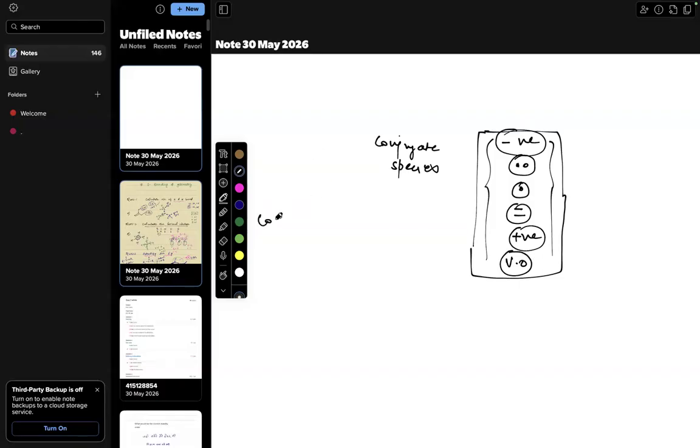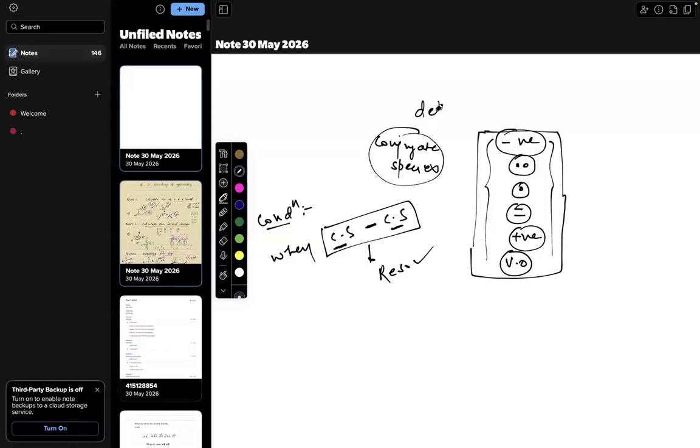So the condition is when conjugate species are separated by a single bond. When conjugate species are separated by a single bond, that is the condition of resonance. And these species are known as delocalized.